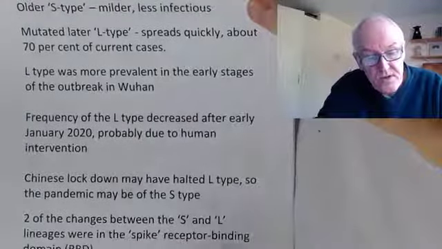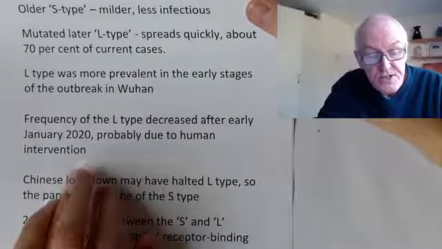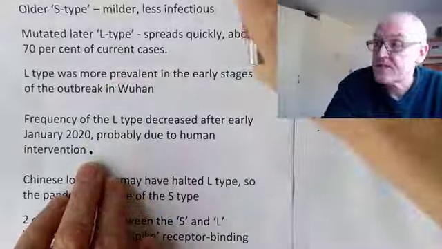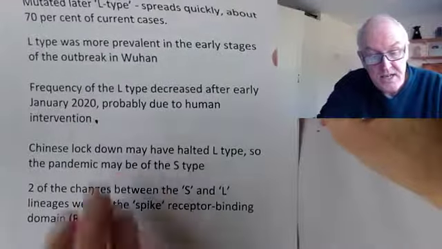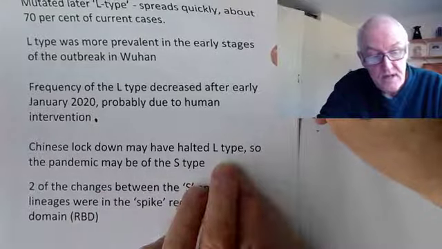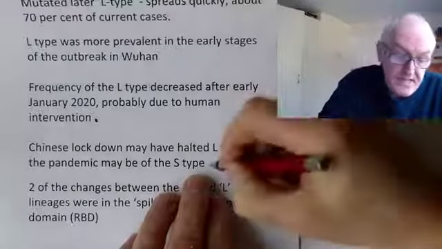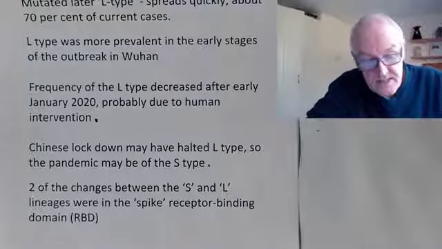We think the frequency of the L type decreased after early January, probably due to these interventions closing off opportunities for the L type to spread. So the Chinese lockdown may have halted the L type, so the pandemic may be of the S type. And remember, the S type is less transmissible and less virulent, these scientists believe.